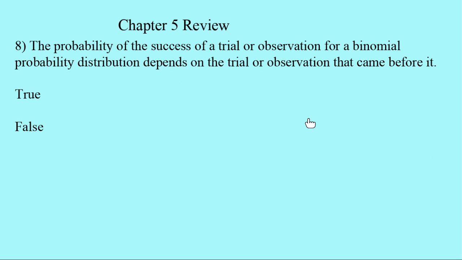And why is that? Think about the distribution. It's a binomial distribution. So you have trial one, then trial two. Does it depend on the previous trial? That's what the question is asking. No, and why not?